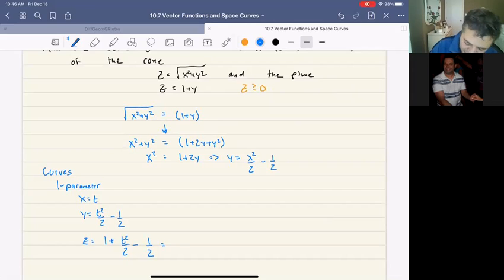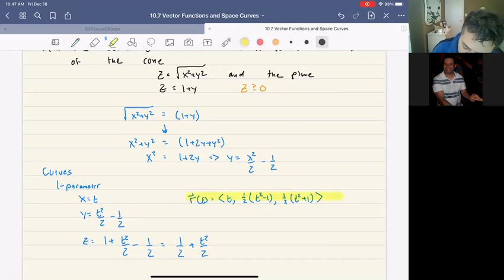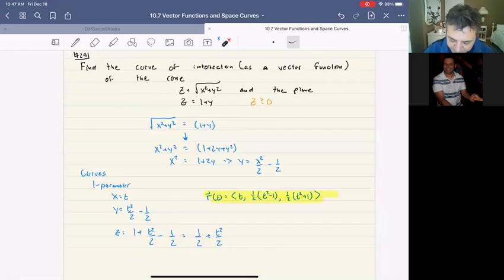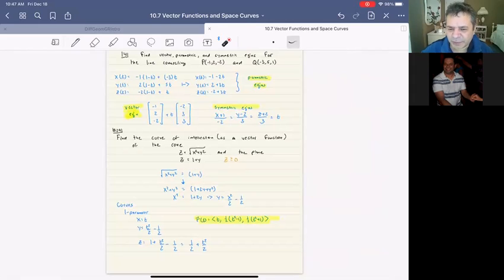When I join these together, I get 1/2 plus t squared over 2. So our r of t is (t, 1/2 t squared minus 1/2, 1/2 t squared plus 1/2). You can check that this equality is satisfied, but we should know because it's already been solved. We're going to do another one of these. Don't worry, next video.